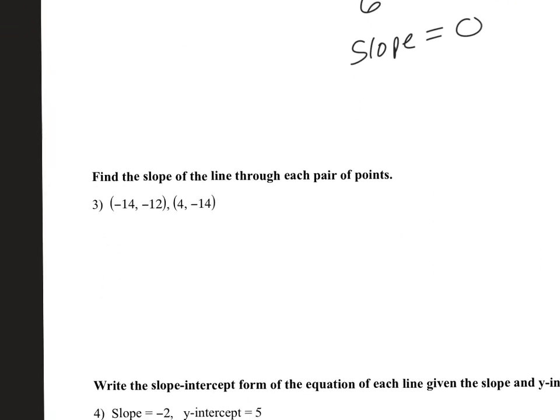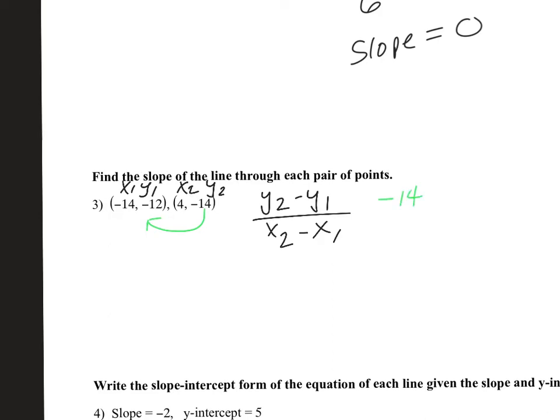For number 3, we need to find the slope, and in order to do that, we need to apply our slope formula. Remember, this is going to be coordinate 1, this is going to be coordinate 2, even though it really doesn't matter. So for my y2 minus y1, we're going to do negative 14 minus negative 12.